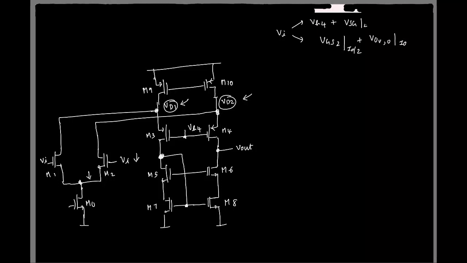VSG of M4, sorry, at a current I0, sorry, what is the current in M4? I1, okay, plus VTH2. Fine.